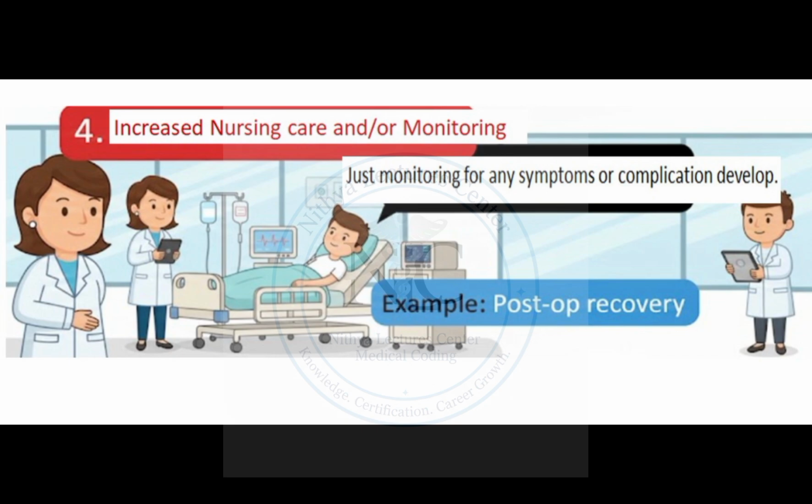For increased nursing care and monitoring, let's see one example. If the patient is placed in a post-op recovery unit, like recovery after surgery, after a procedure, patients are often placed in a specialized unit where the nurses can check their vital signs frequently.